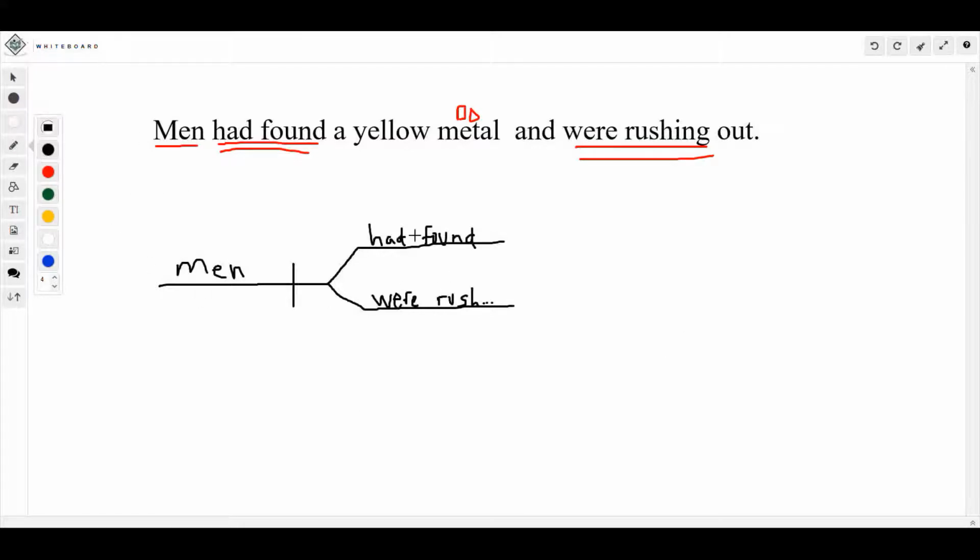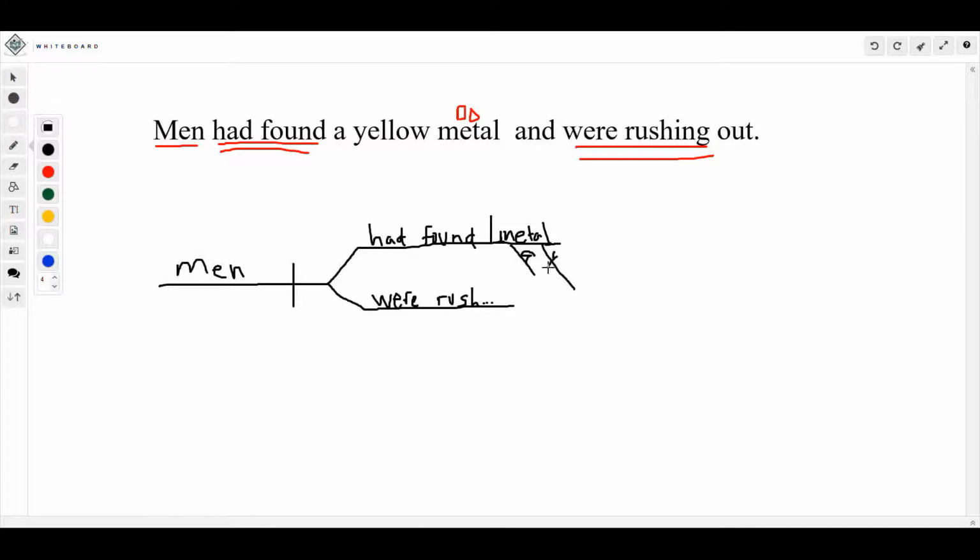Men had found. Now this is a direct object, so that means this one up here has a direct object. Now these two adjectives describe medal, so they are going to go under there.